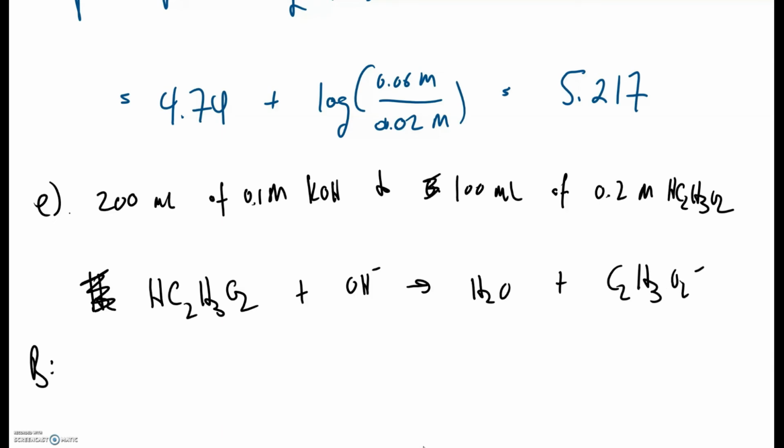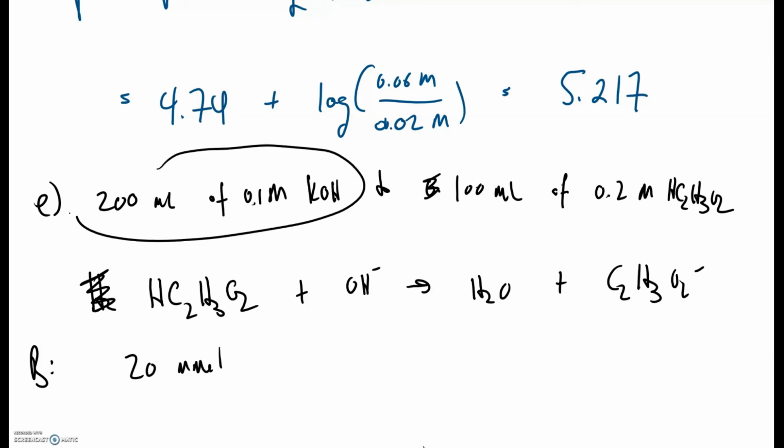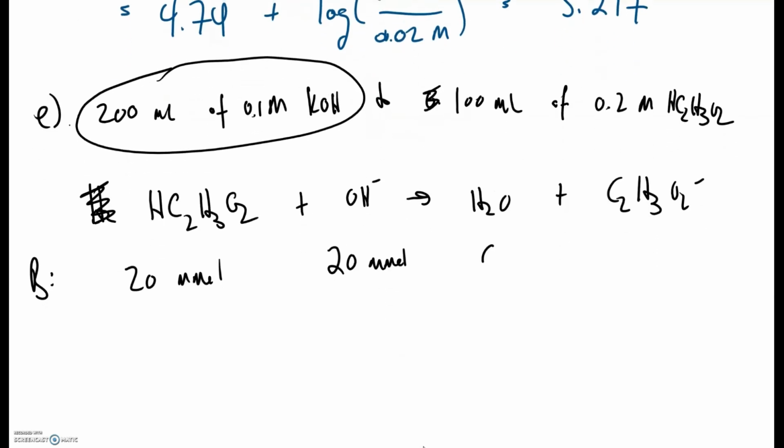Before the reaction, we had 20 millimoles of acetic acid, and how many millimoles of base do we have? Millimoles is equal to molarity times milliliters, so 200 times 0.1 is, look at that, ladies and gentlemen, 20 millimoles of hydroxide. They're exactly equal.